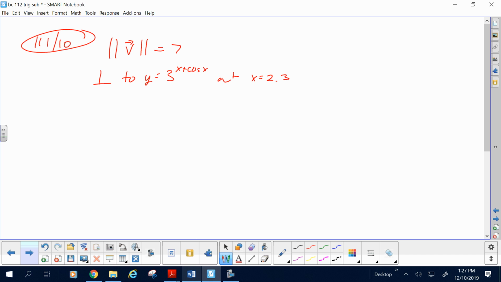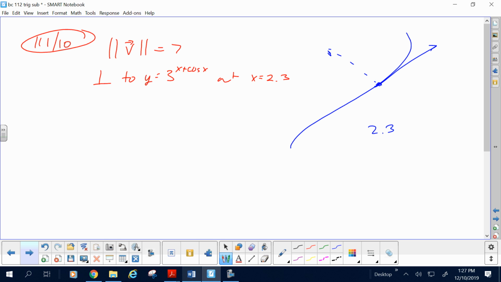All right, what's the first thing you do? Did you get started? No. Okay, so you want to say the curve looks like this, and here's 2.3. Before I can find a normal, I have to start by finding a tangent.